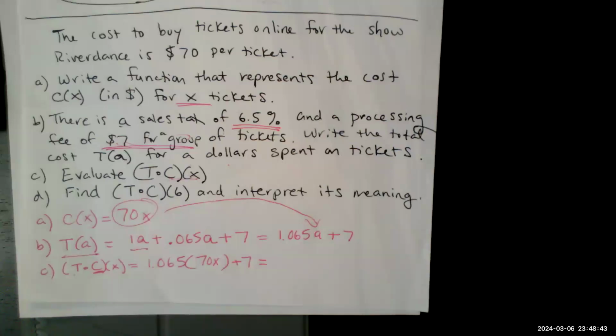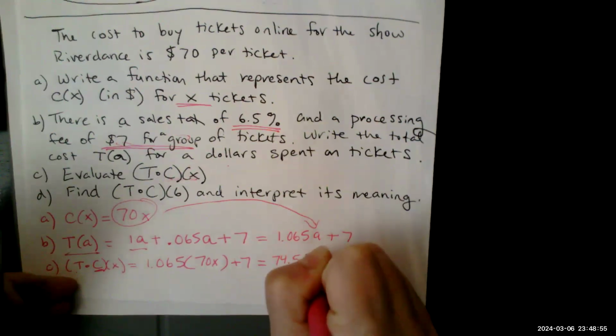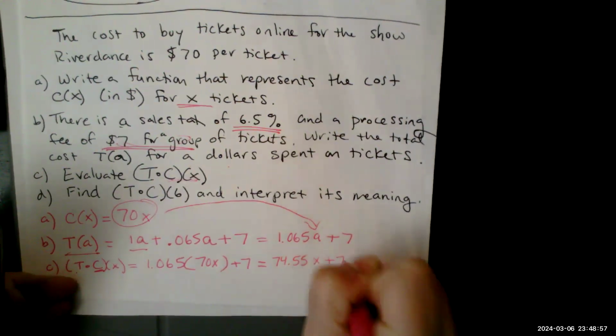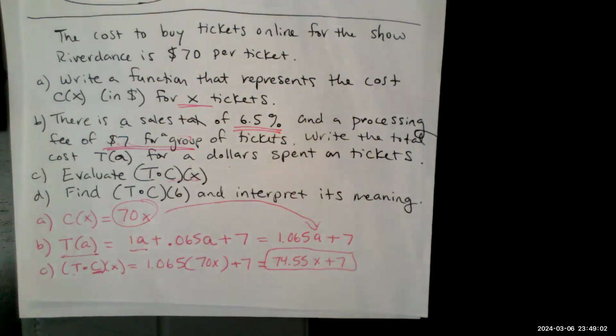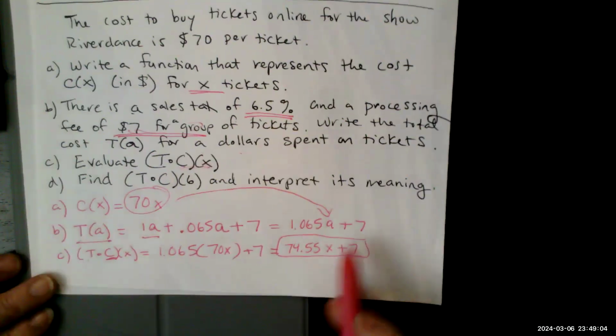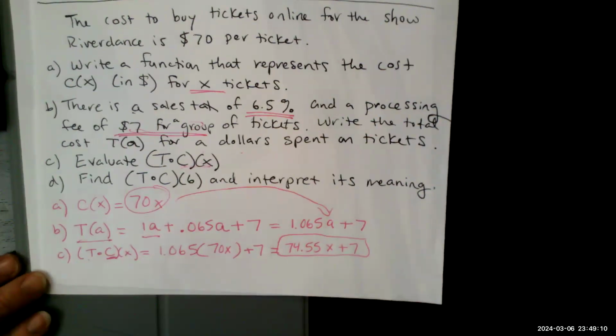So I'm going to go ahead and multiply the 70 and the 1.065, just to make it a little bit nicer. So this would be my function now to really find out how much I spent on tickets. However many tickets I'm buying, I'm multiplying this because this includes that tax, and then plus this one-time fee of $7.